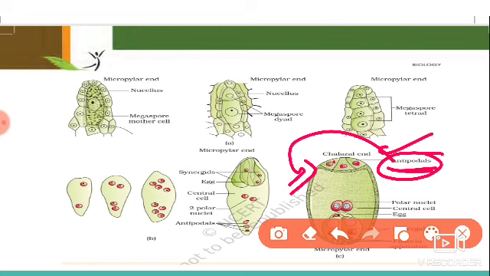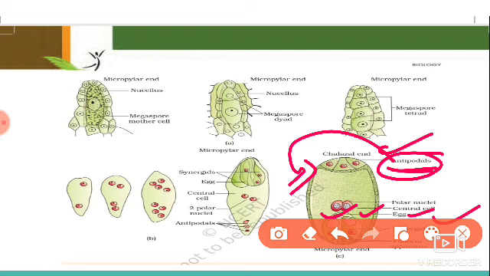How many remain? The remaining are 4 cells. And 2 synergid cells. Here you can find 2 synergid cells. This is 1, this is 2. And along with the synergid cells, there is an egg cell.